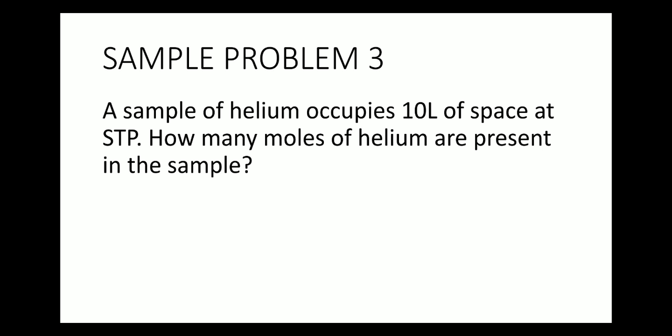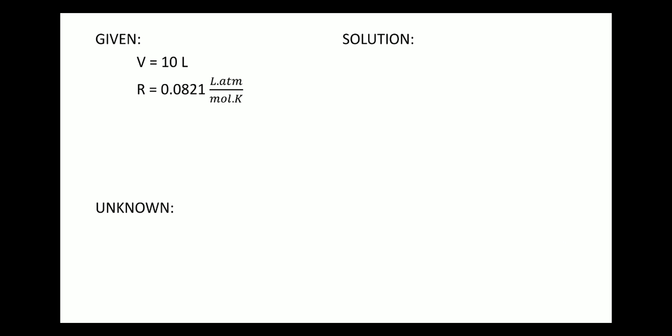Next problem. A sample of helium occupies 10 liters of space at STP. So take note, at STP, or standard temperature and pressure, how many moles of helium are present in the sample? The given volume is 10 liters and we have R always, which is 0.0821 liter atm over mole Kelvin.